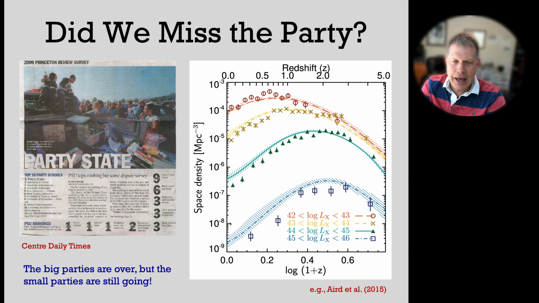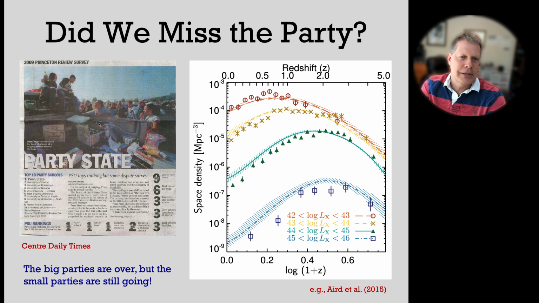Okay. And then we have other parties at Penn State that aren't quite as big. We have a party called State Patty's Day, suitably in green, that is smaller than the tailgating parties, but that type of a party is also over by redshift 0. The decline has been very strong. But if you move down to smaller scales, like parties that people have at frat houses or the parties that people have in dorm rooms, well, those are still going pretty strong, especially the smaller scale dorm room parties, even at redshift 0.